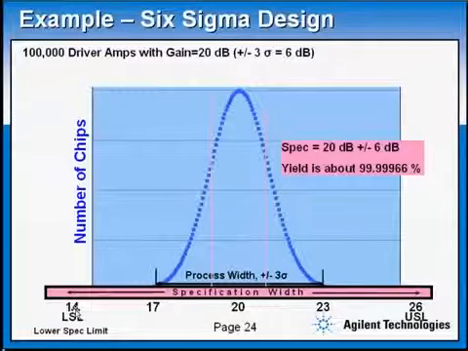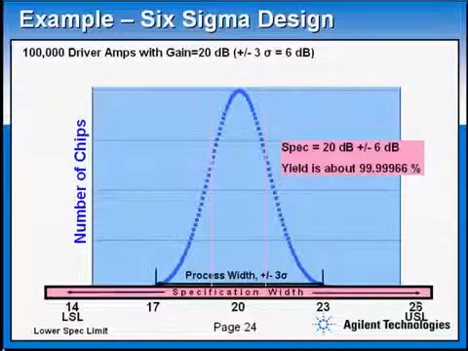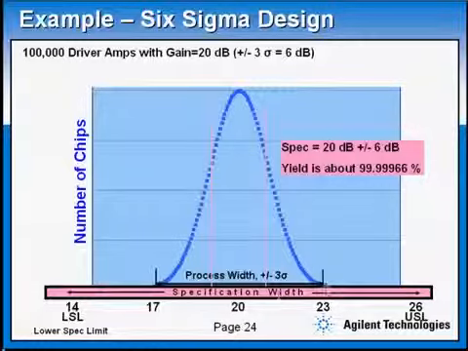Now, if my specs are between 14 dB and 26 dB, which usually doesn't happen, I mean, this is a really wide spec. So if my specification is your amp has to be between 14 and 26 dB of gain, then I'm fine.